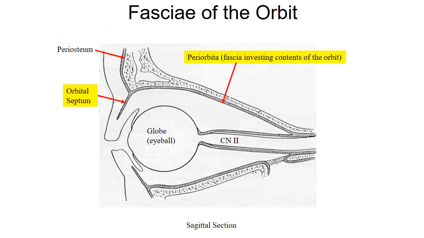Okay, returning to the fasciae of the orbit again. There's our periorbita, and there's our orbital septum. Let's look at our orbital septum for a second. Right behind the orbital septum in the upper lateral corner of the orbit is a little component that we want to look at.